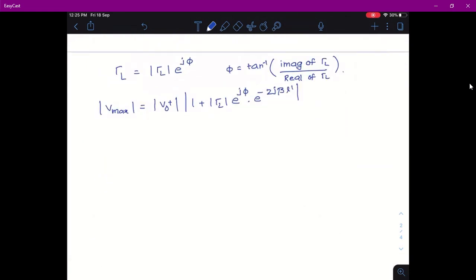Okay. So, you can combine these two. I can write this as the magnitude of V0 plus, times the magnitude of 1 plus tau_L e raised to j(phi minus 2 beta L dash).